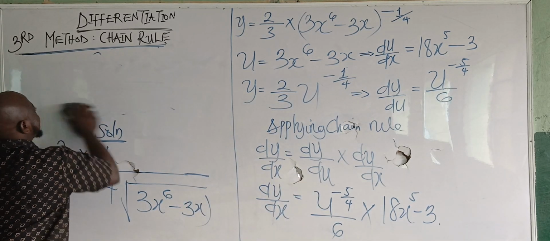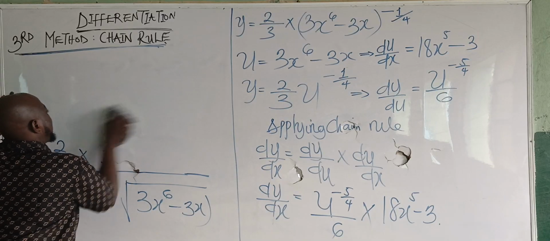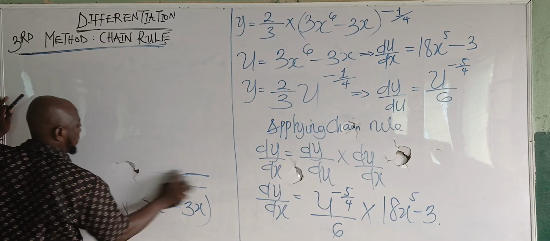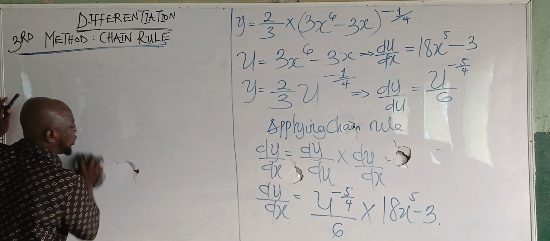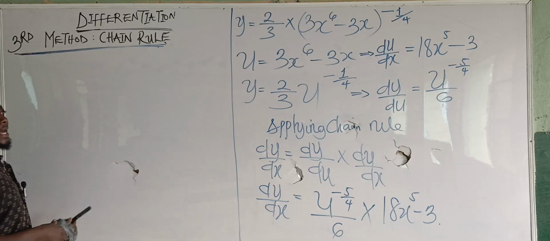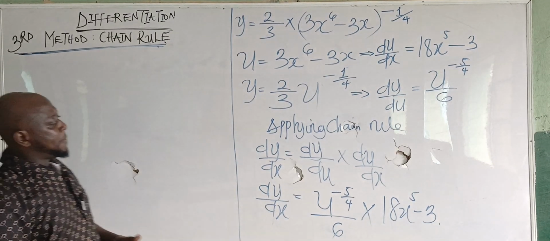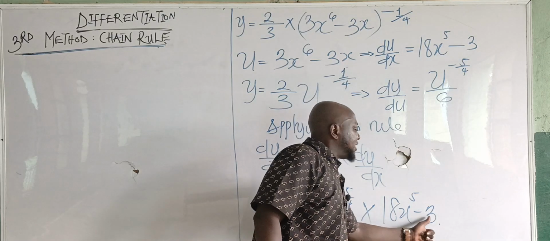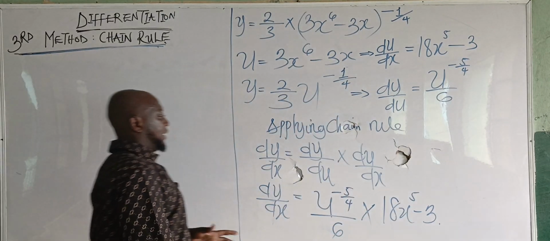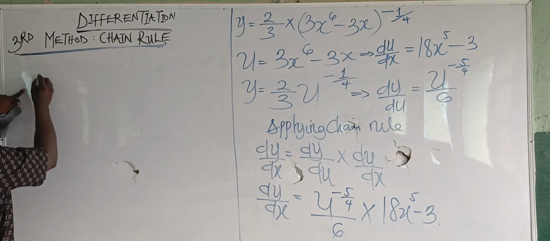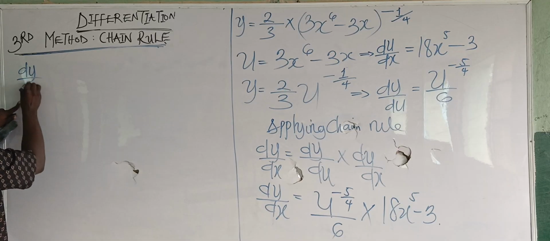From that point, I can take this one off. So from that point now, what do we know if you take it off? We know that from this point, something is common. 3 is common. So I can take it out. I can say now my dy over dx here.